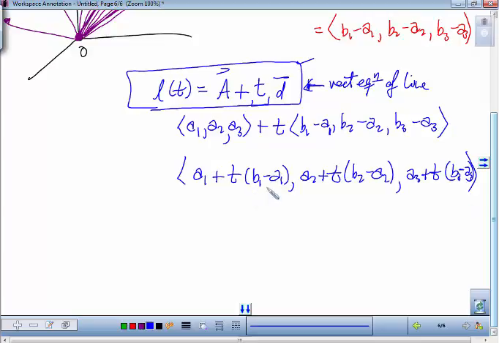I suppose I could have just called this D1, D2, D3 for the directions, but we'll leave it like that for now.